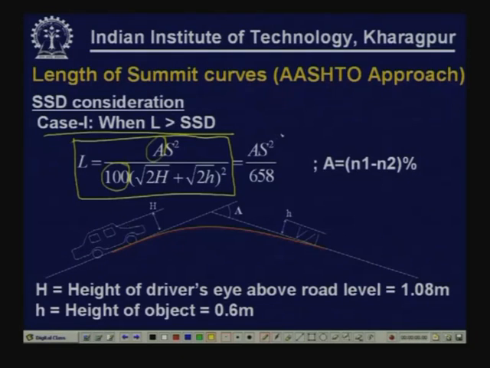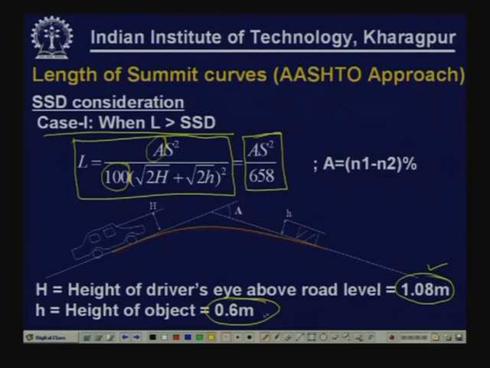Now, the final form A square by 658 looks apparently different from what we indicated in terms of IRC approach, but in this case the value of capital H, that is height of driver's eye above road surface, as per AASHTO it is 1.08, in IRC it was 1.2, and height of object is 0.6 meter, as per IRC it was taken as 0.15 meter.